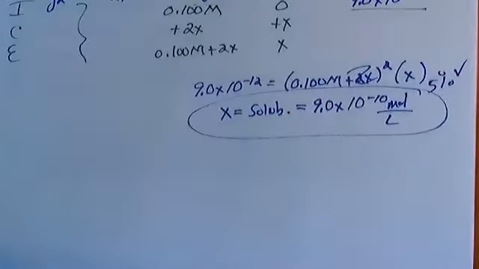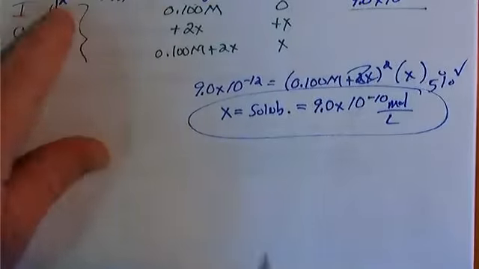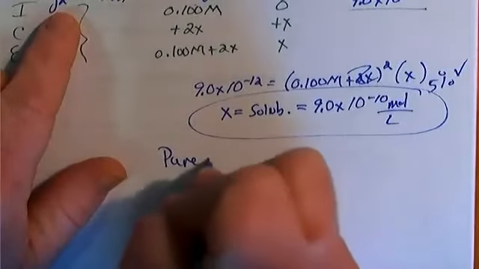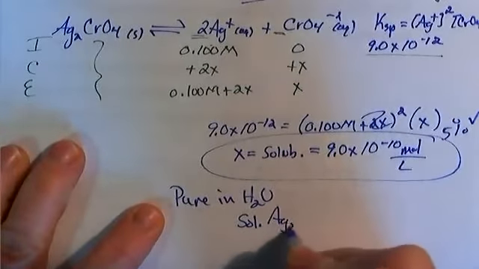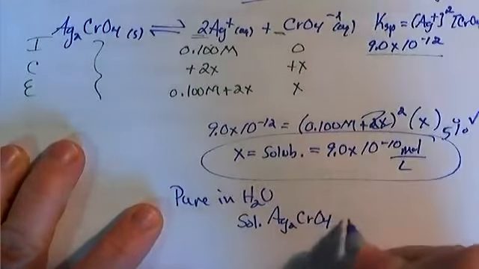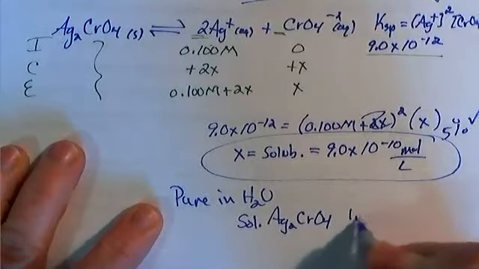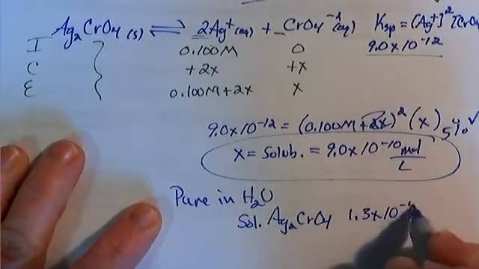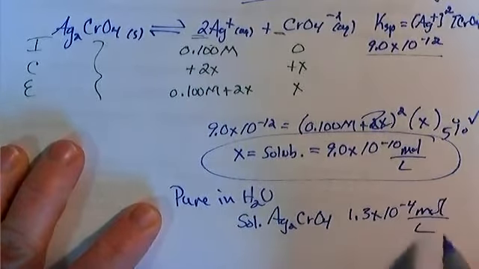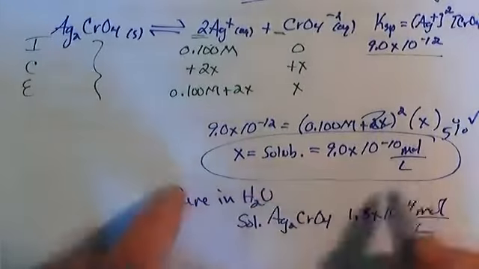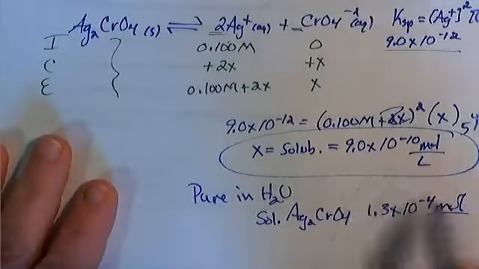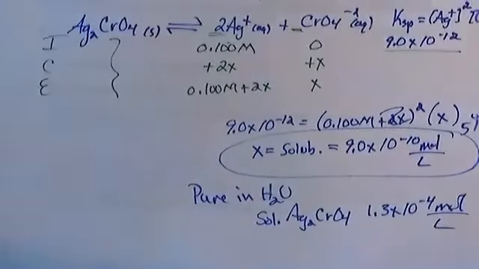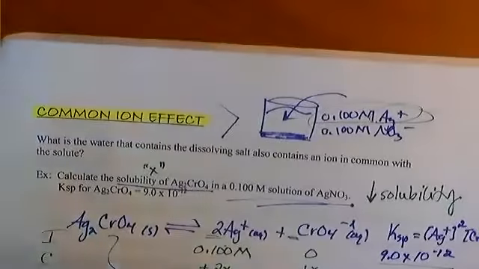Can I share with you that if we did not start with some common ion, in pure water, the solubility of silver chromate is 1.3 times 10 to the minus 4th mole per liter. So look at that impact. That's a nice amount of silver ion. So it definitely had a great impact on decreasing the solubility. Okay, that is the common ion effect.